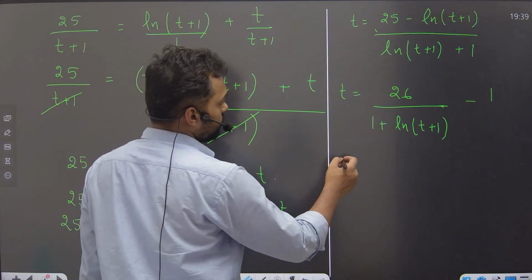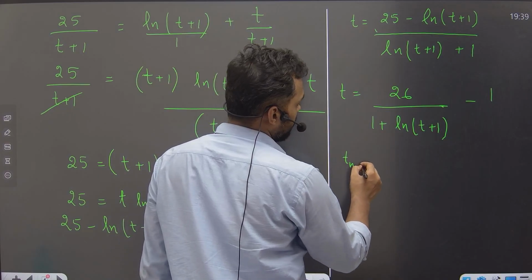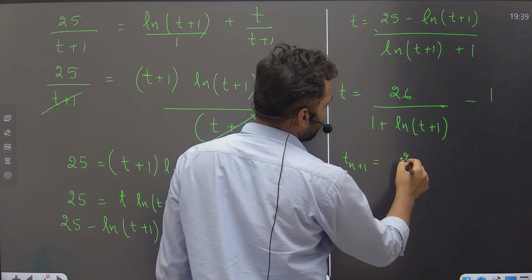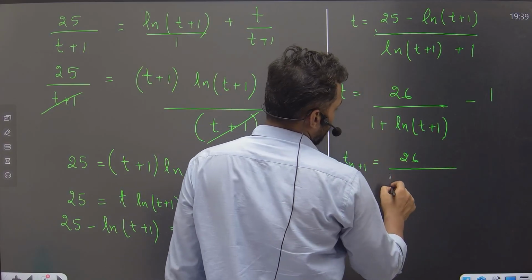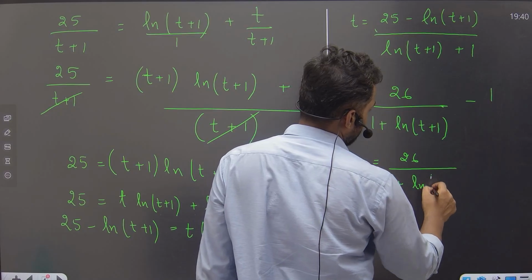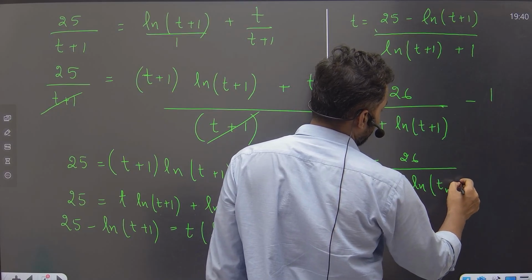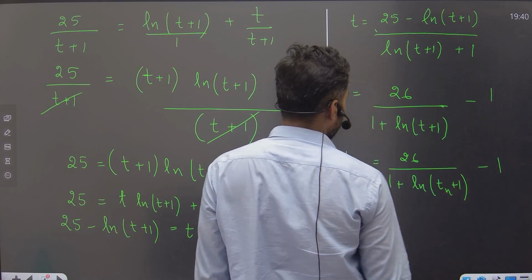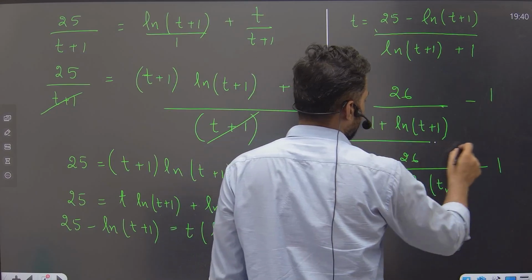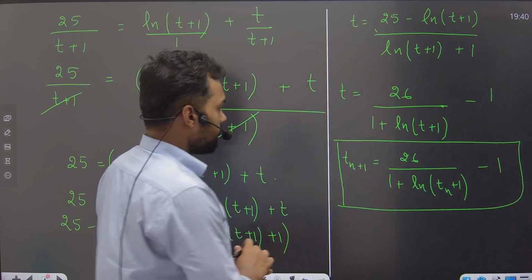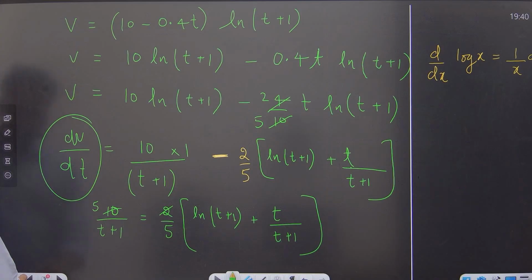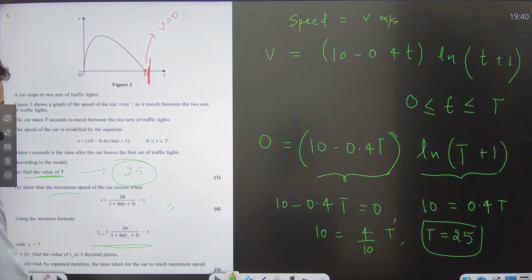So this is, student, the t n plus 1 iteration we need to follow now: 26 upon (1 plus ln t n plus 1) negative of 1. This is the iteration part which we need to follow here. Yeah.